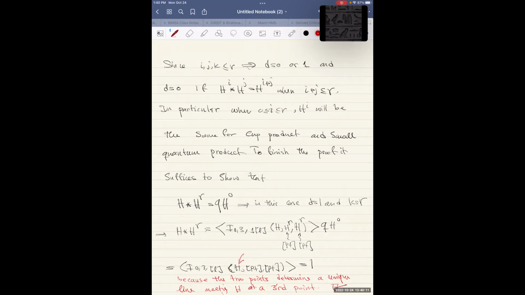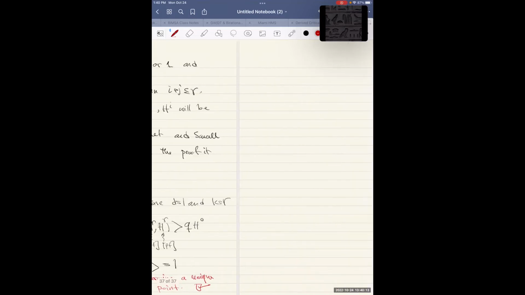Okay, so this is one example. Then, by the way, another remark is the following. It's based on the degree axiom. So we know that the 3-point function is basically this here, right?